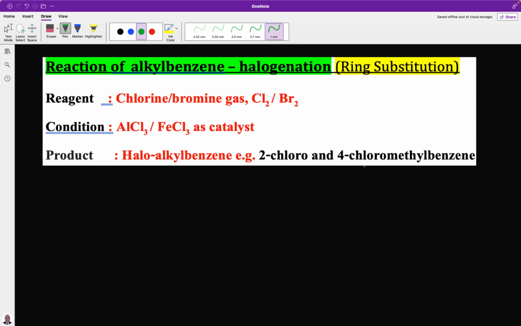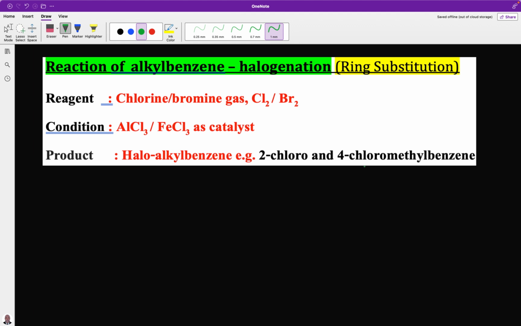If we are using chlorine as the reagent, the product would be 2-chloro and 4-chloromethylbenzene. Generally, we can call it haloalkylbenzene.